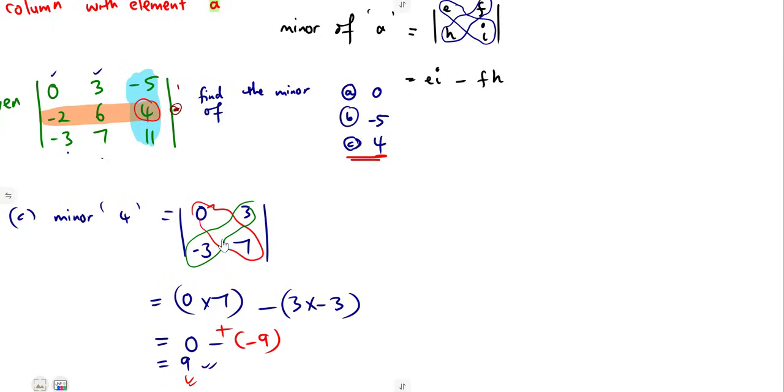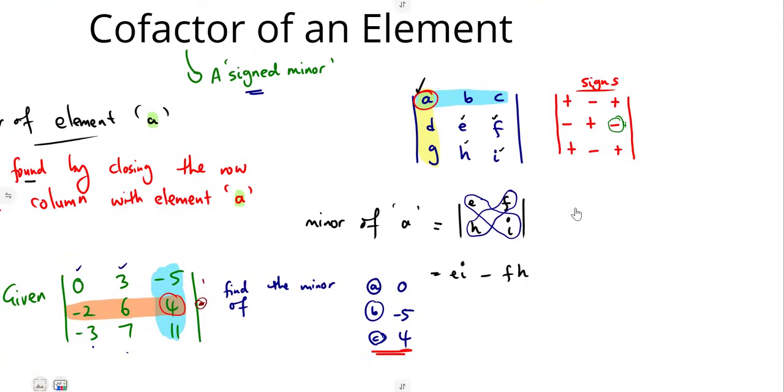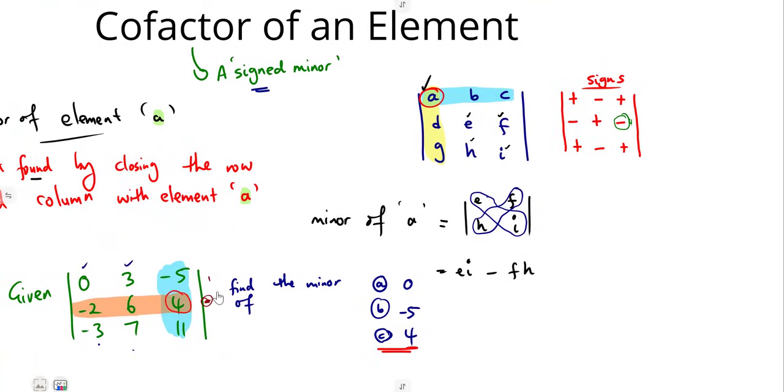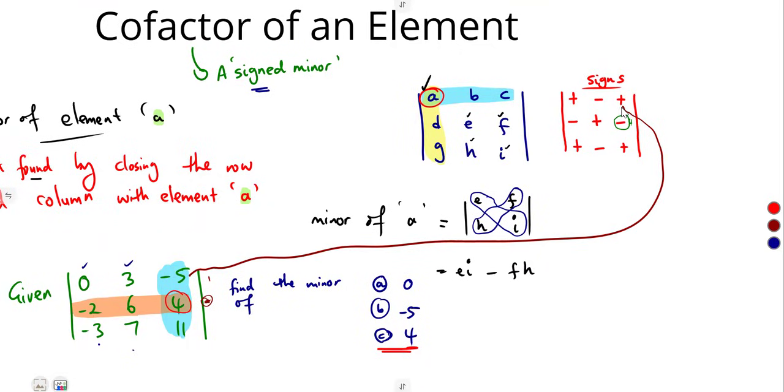There's no need for you to start again. Just take the answer that you already have for the minor and multiply it by the sign that corresponds to that element. If it was negative 5, the sign corresponding to negative 5 is what? A positive from this side.